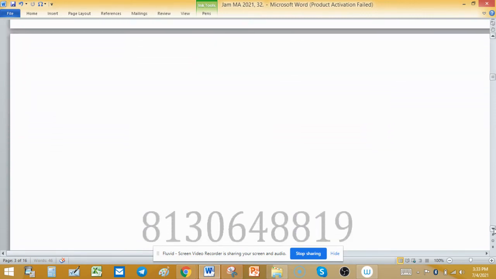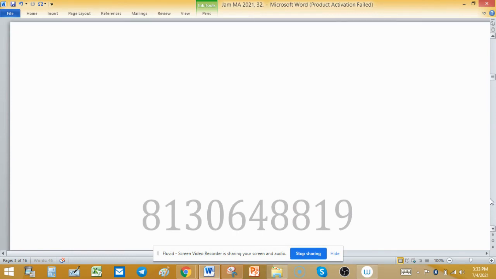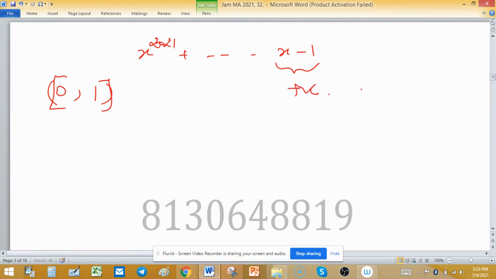We can solve this using Descartes' rule of signs. For x to the power 2021 plus and so on up to x minus 1, because we are seeking over the interval 0 to 1, there is only one positive real root, because there is only one sign change, positive to negative.